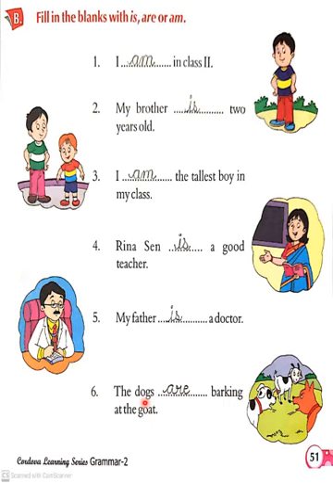So at this time we are going to use are with this. If it would be only dog, we would be using is. But as it is so many dogs, s is there at the end, so it means it is plural. So with this we are going to use are. The dogs are barking at the goat.